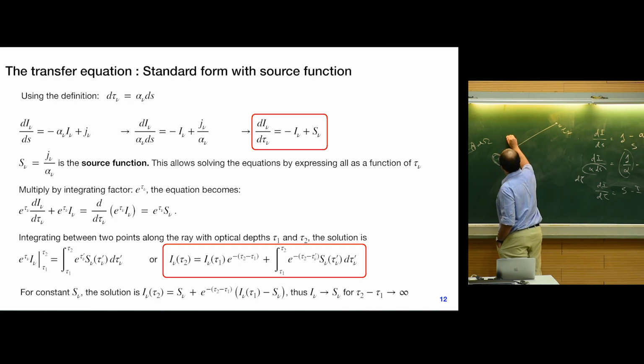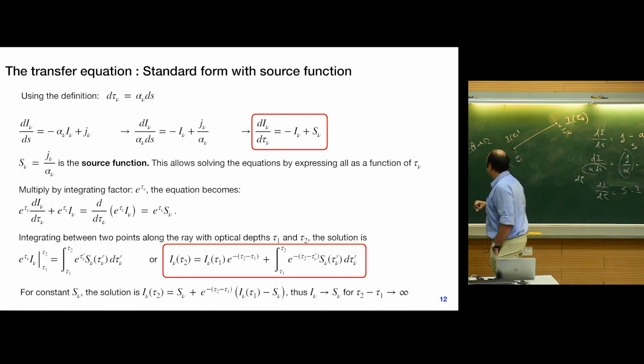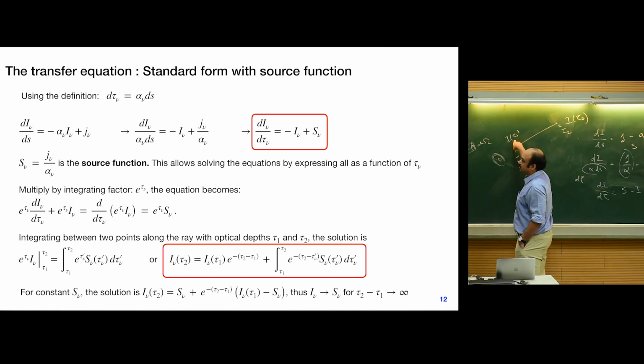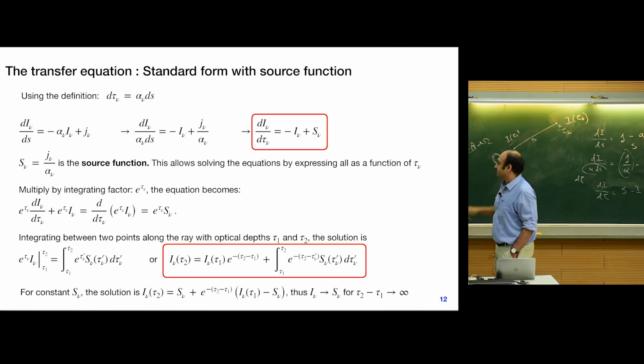I have the intensity at point 1 as I at tau 1, and the intensity at point 2 as I at tau 2. My boundary condition is the intensity at tau 1. I know this value here. I want to evaluate the intensity after it has traversed a path length s and reached point 2. That is what this final solution gives us.